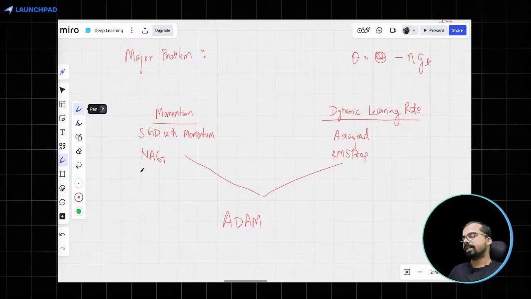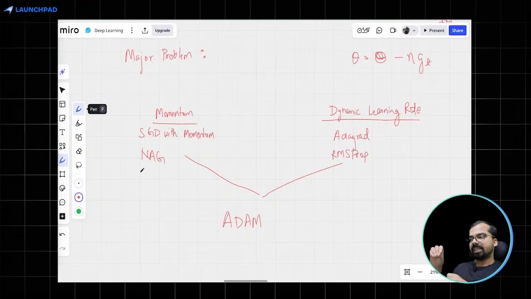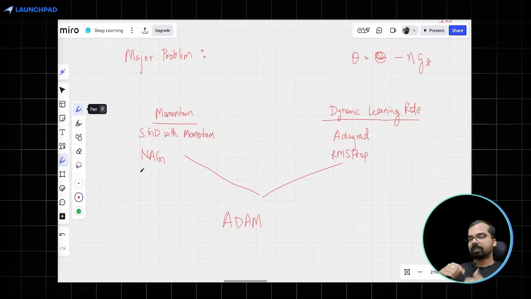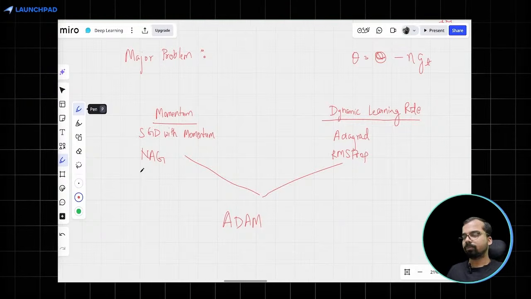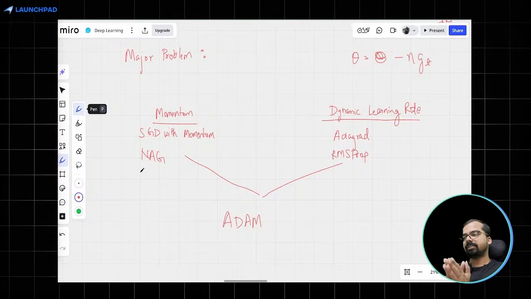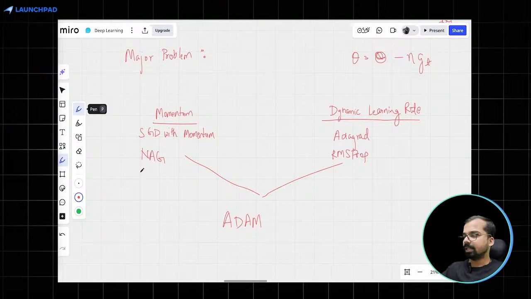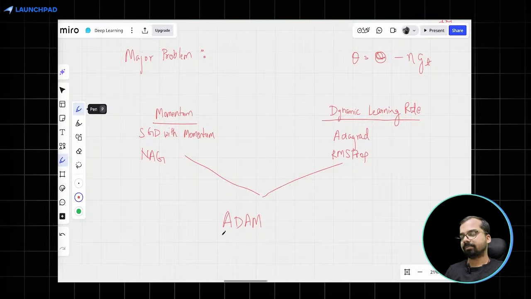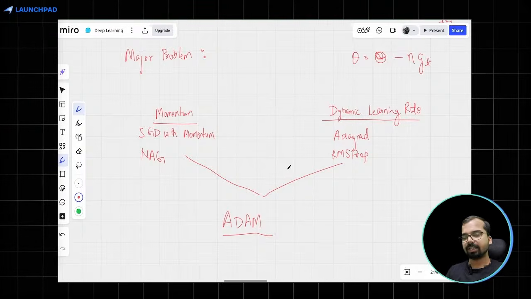And AdaGrad and RMS prop are actually trying to improve convergence, but by adjusting our learning rate. So what if we combine the best of both and come up with a new optimizer that takes into account momentum as well as the learning rate adjustment? There comes something called ADAM that is actually used in real world deep learning scenarios.